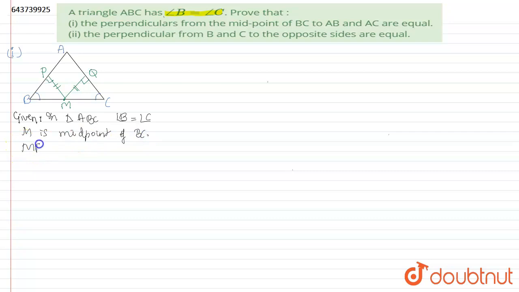So MP is perpendicular to AB and MQ is perpendicular to AC. Now to prove, MP is equal to MQ. So we must prove MP is equal to MQ. So let us prove this.